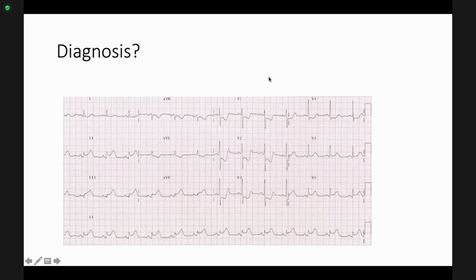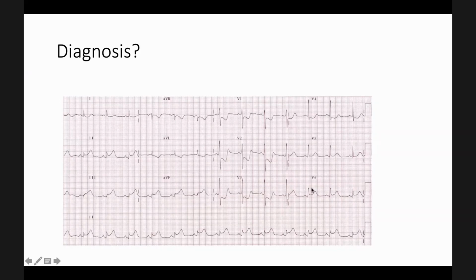If you do those, there will be ST elevations in those leads. The posterior leads are the mirror image of V1 to V3, so because of that you see reciprocal changes in these leads.